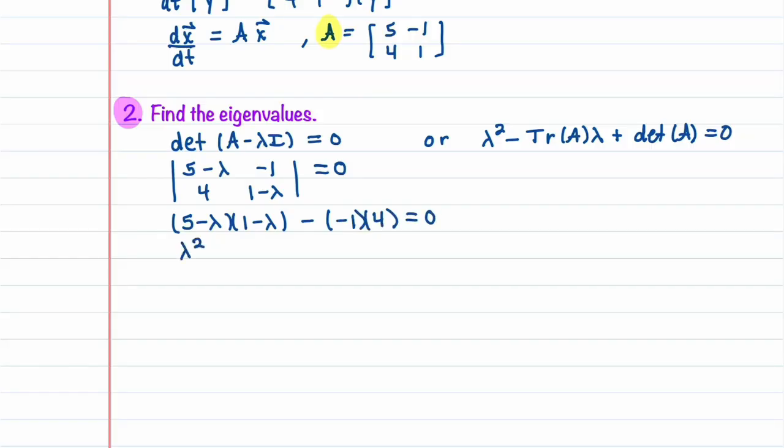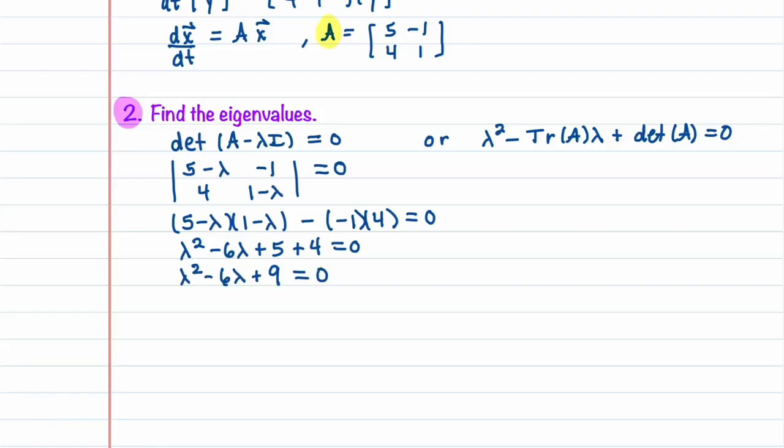This gives us lambda squared minus 6 lambda plus 5 plus 4 is equal to 0. This gives us lambda squared minus 6 lambda plus 9 is equal to 0.